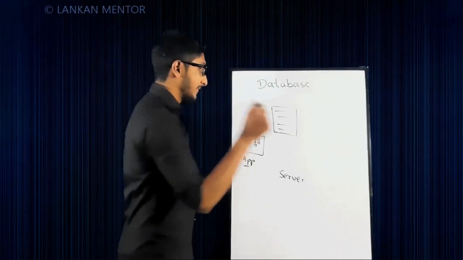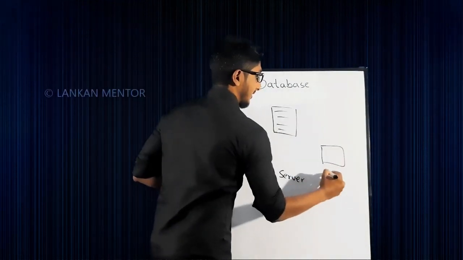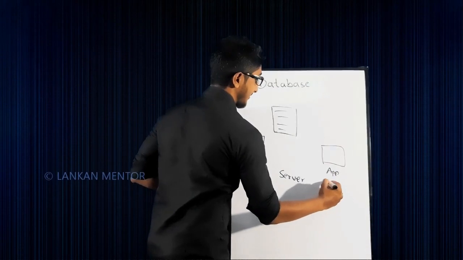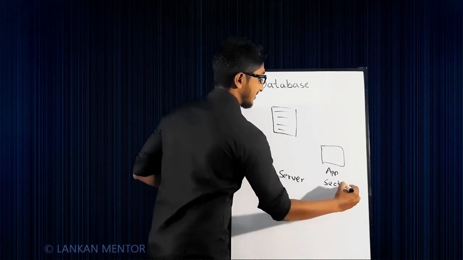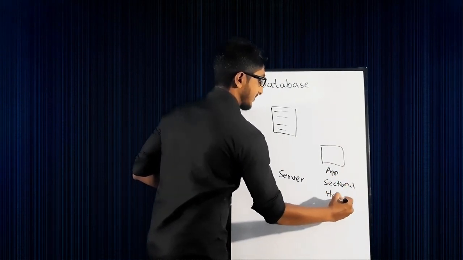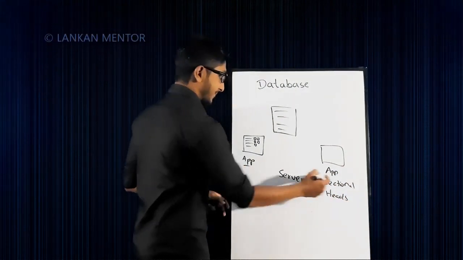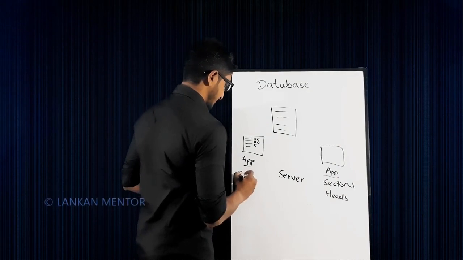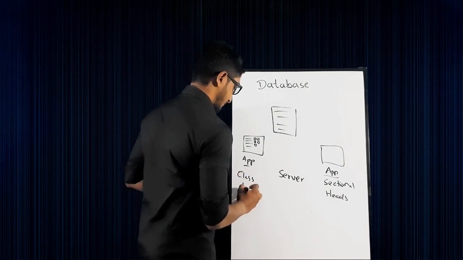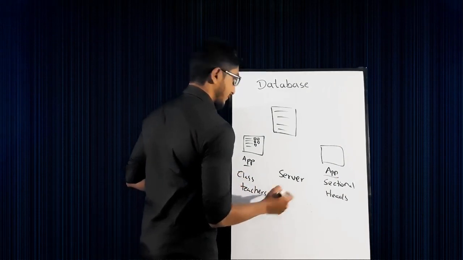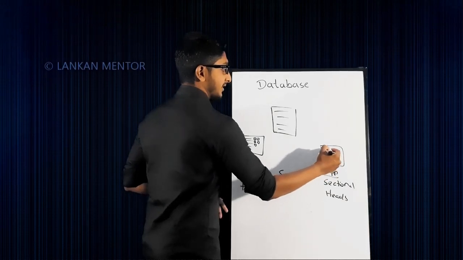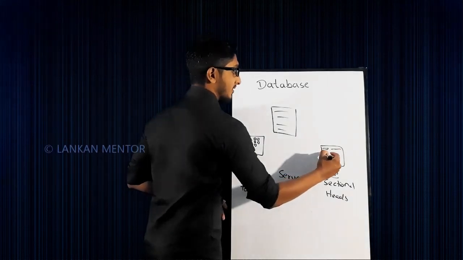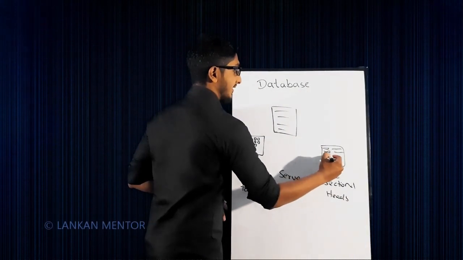So that application would be with the sectional head. This is for sectional heads, and this app is for teachers, class teachers. So this app would be different, right? You can search about each and every teacher and their subject.